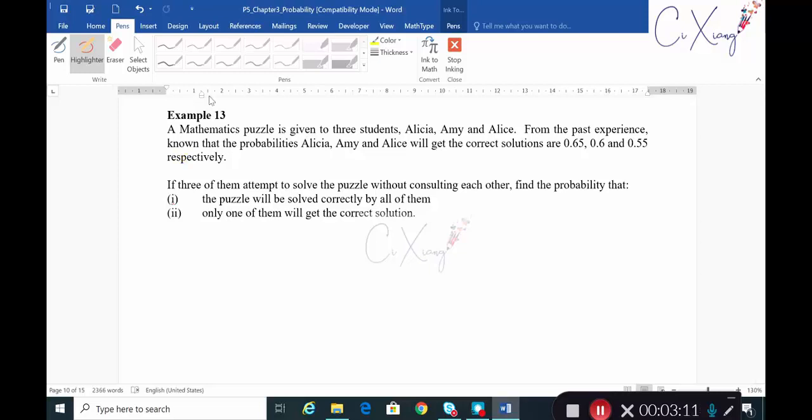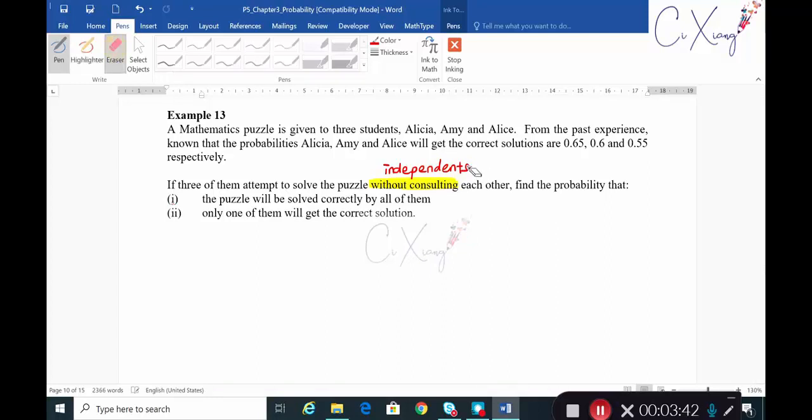From this question, there's one very important keyword you need to highlight, which is "without consulting each other". So when they solve the math puzzle without consulting each other, that means their results will not affect each other. This also concludes that all these belong to independent events.